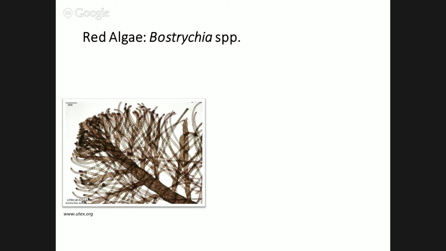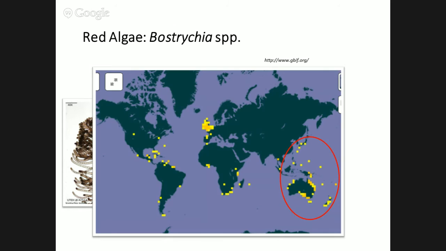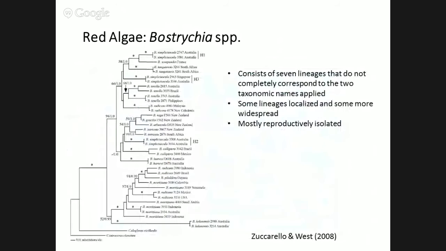Talk briefly about Bostrichia because it's an example of a different kind of study that's been done. There are a couple of species in this red algal genus, Bostrichia, that are commonly identified, and I'll be talking about this region of the world right here with specimens. I have a colleague who did some work in the late 2000s who was looking at DNA sequence diversity of specimens of this.